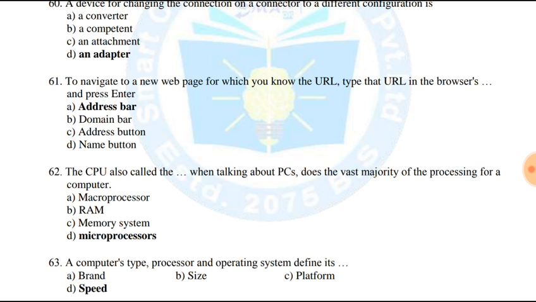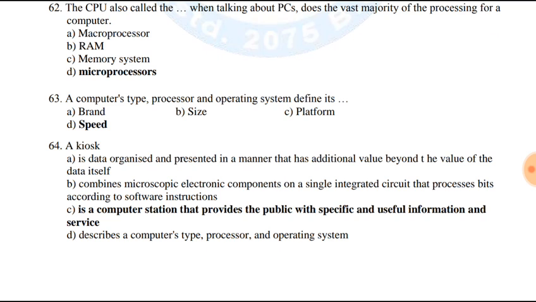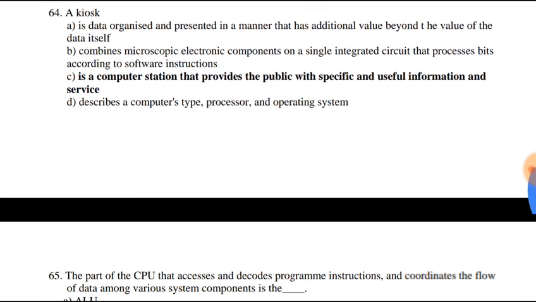The CPU, also called the microprocessor when talking about PCs, does the vast majority of the processing for a computer. A computer's type, processor, and operating system defines its speed. A kiosk is a computer station that provides the public with specific and useful information and services.